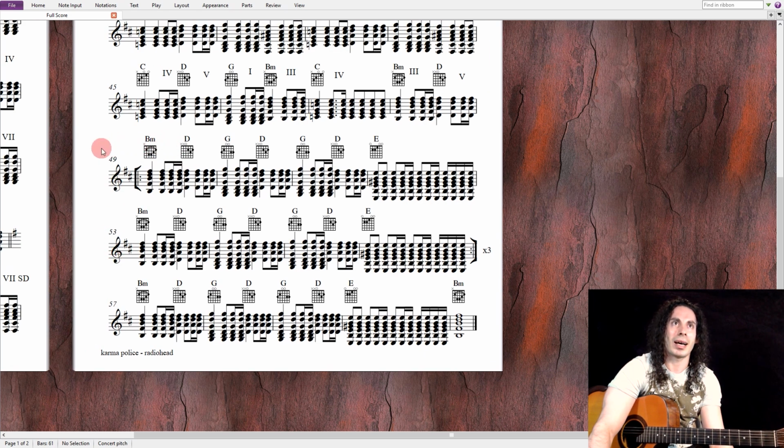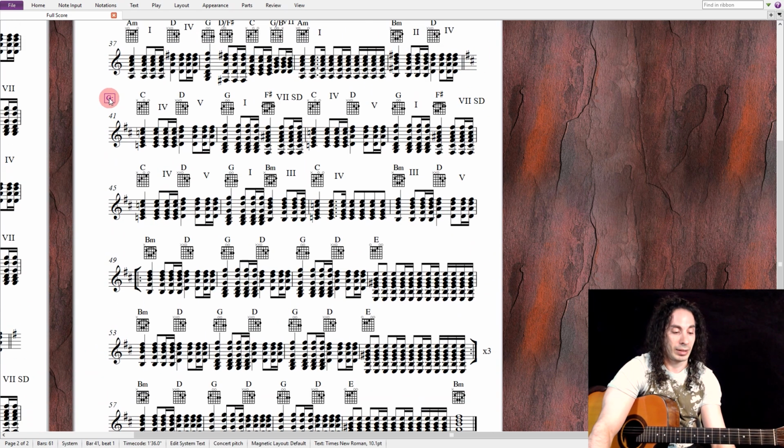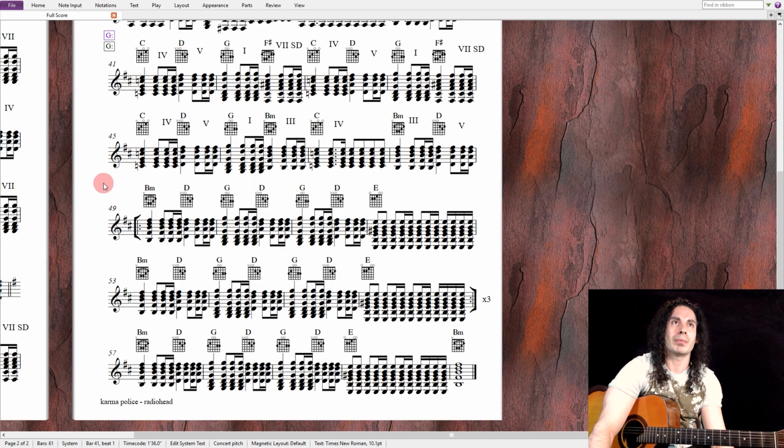So I think here we have a B minor, and then this one is a modal interchange. Let's see if it works.